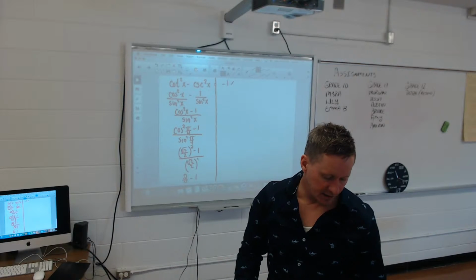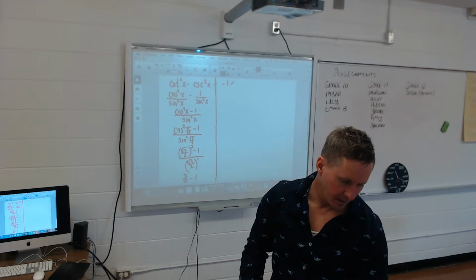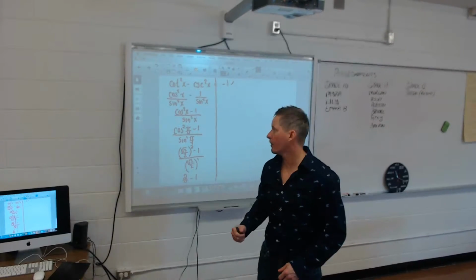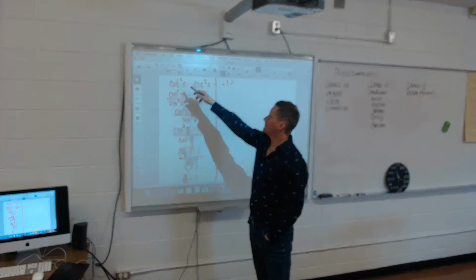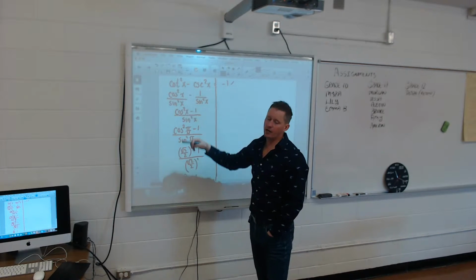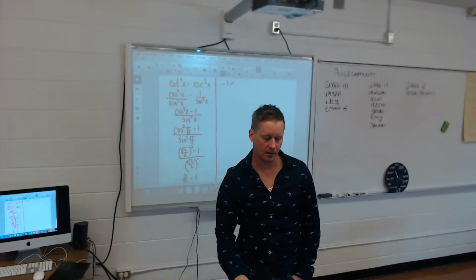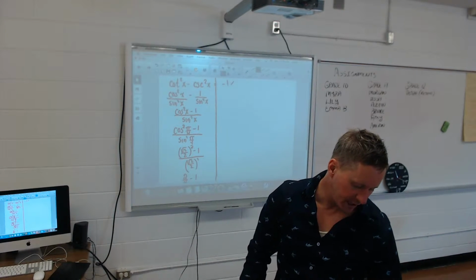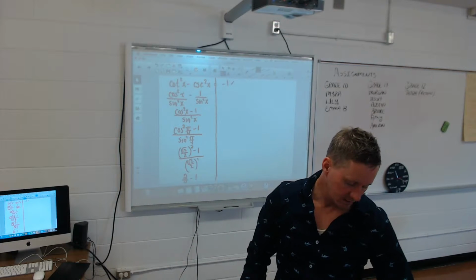You can use your calculator to graph these. You're going to have to use your conversions, substituting sine and cosine in order to graph them on your graphing calculator. The only way you can graph them is if you change them all to sine and cos.